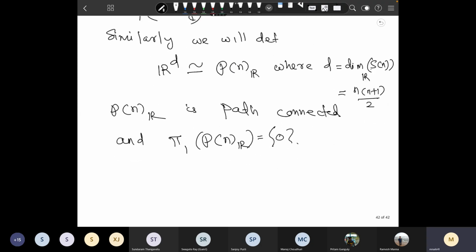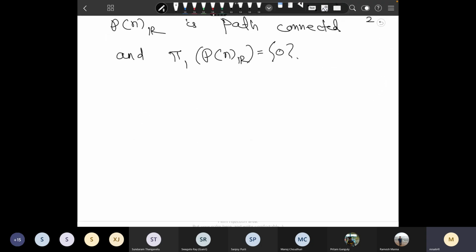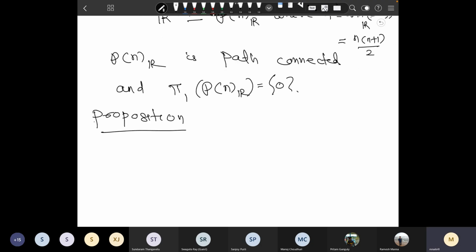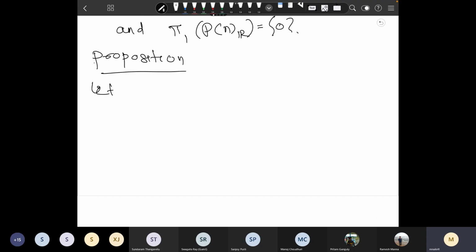So now I want to prove an important proposition. Fix k belonging to N, k greater than or equal to 1.